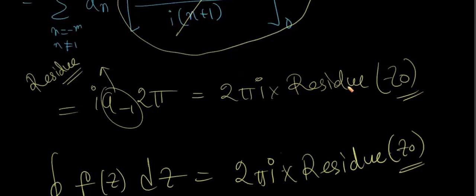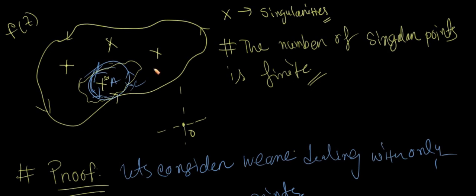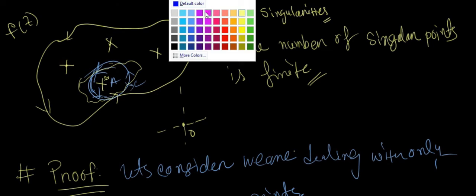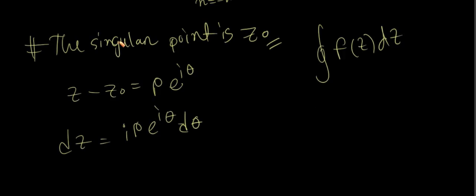Now you might ask that this is only for one of the points, right? But what happens when there are other points? That means you are considering this full contour right now, and now you're enclosing a lot of points like this. So how does that work out? I won't show you the most rigorous proof, but I can show you more of a graphical proof that will look something like this.